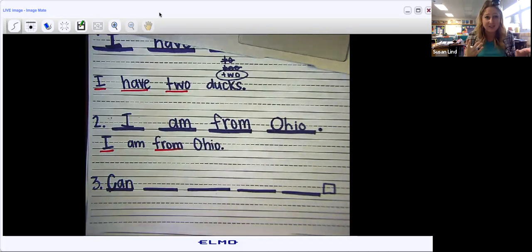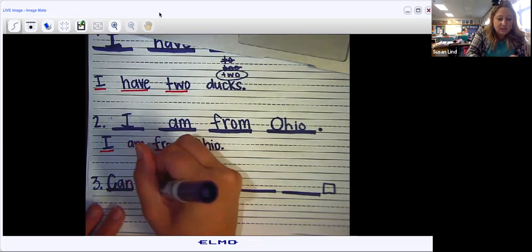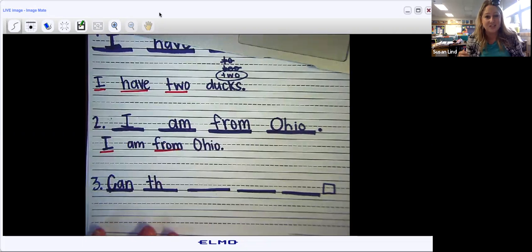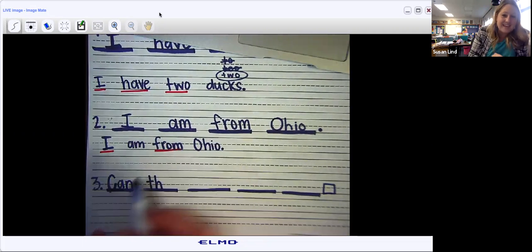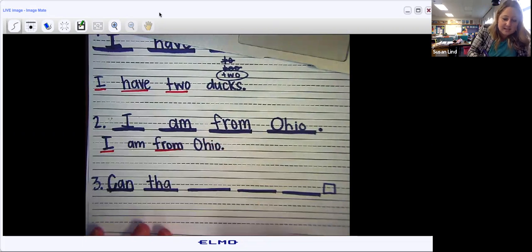Now that sounds like a V, but I'm actually putting my tongue against my teeth, and I'm making that sound. So that means I need these 2 letters pushed together. That's what it makes. TH says th. Can that, th, a, t.